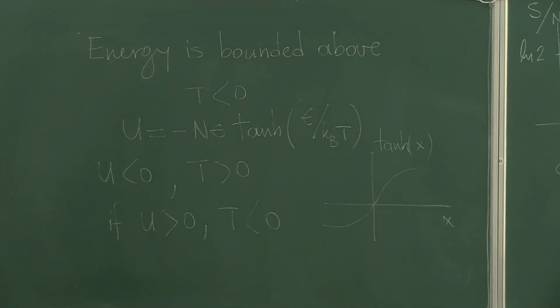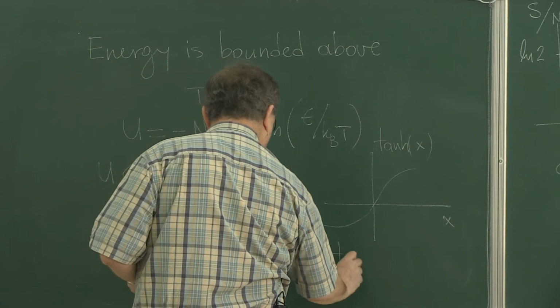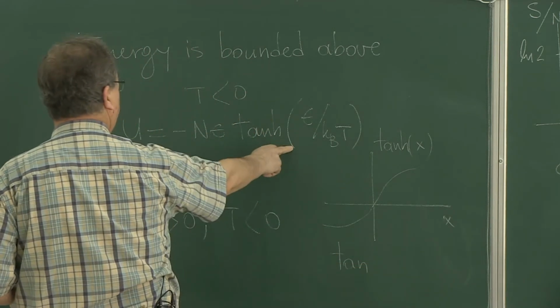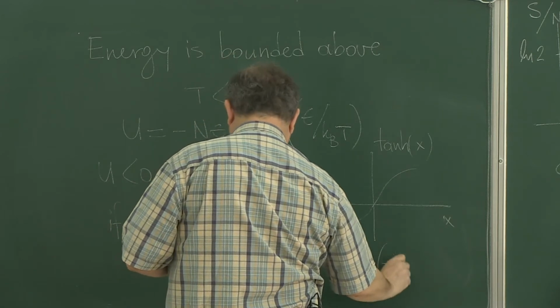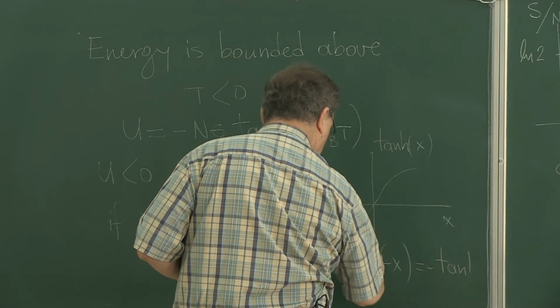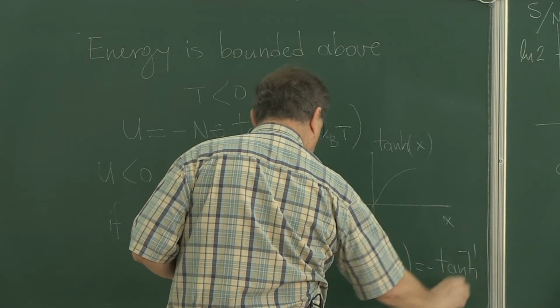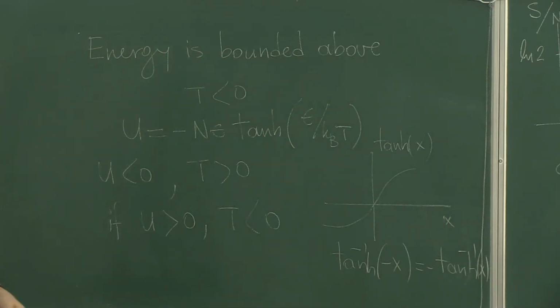So if x is negative, the function is negative. Inverse tangent hyperbolic, that will give us the temperature: minus x is minus inverse tangent hyperbolic x. That gives us the possibility of negative temperatures.